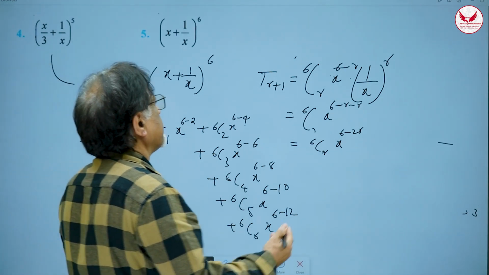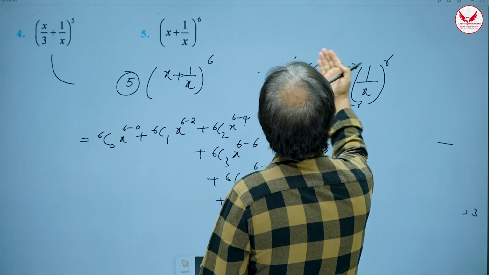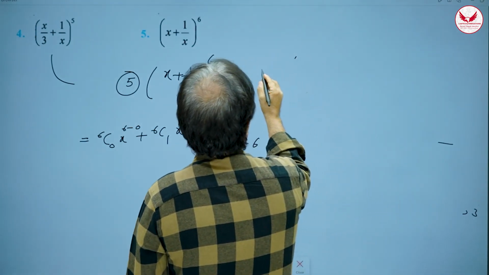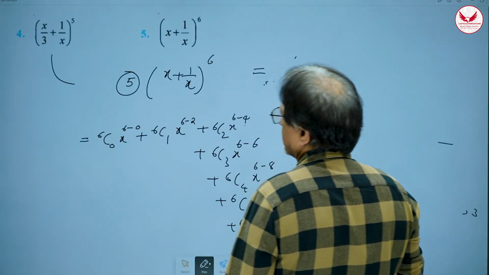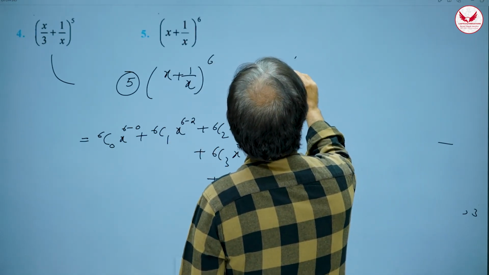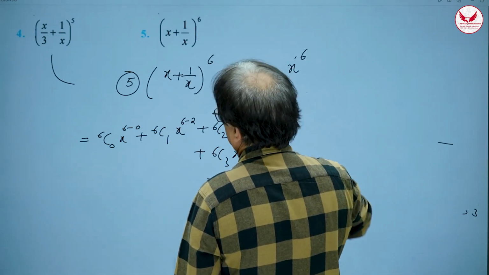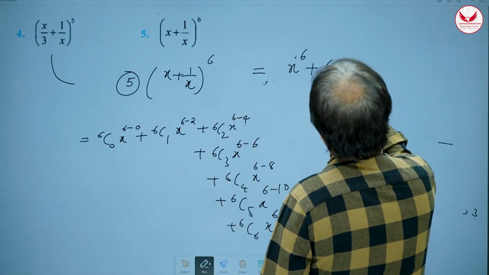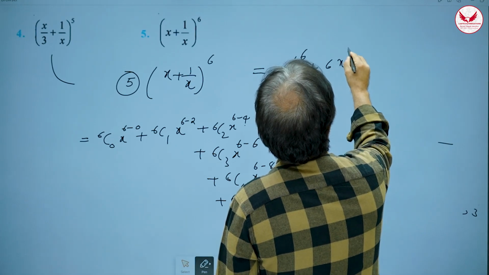Okay, so finally, what is the answer? Let us see. Final answer is, now I'll write the final answer. 6C0 is 1. So we'll start with the power of x raised to 6. Then 6C1 is 6, right? So x raised to 4.